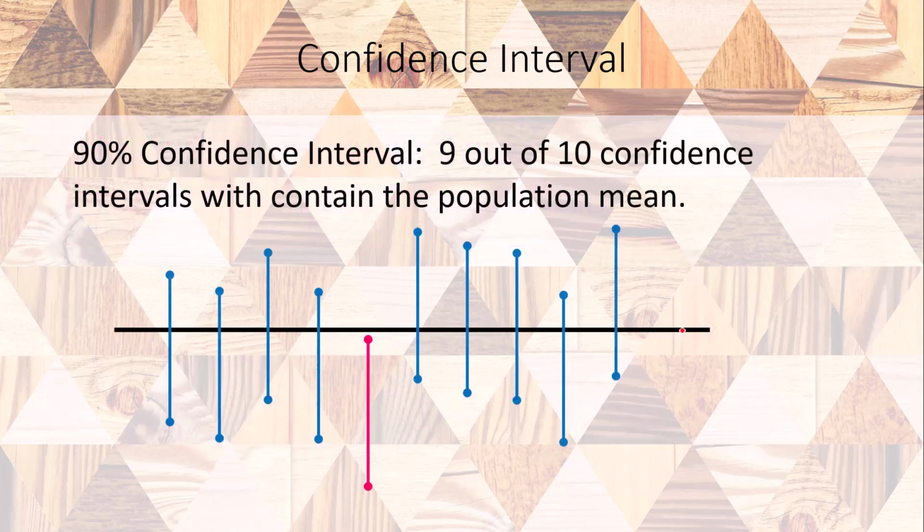Now, what does it mean if you actually have a 90% confidence interval? Well, when you are computing a confidence interval, you are going to take a sample of data. That data is going to produce for you a sample mean. The error will be determined by this particular value, which will give you your confidence interval.